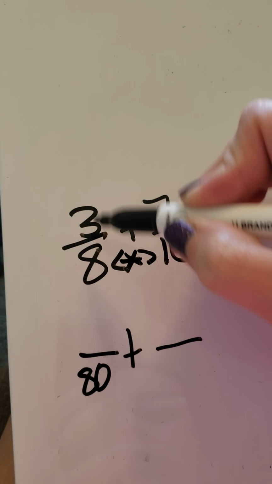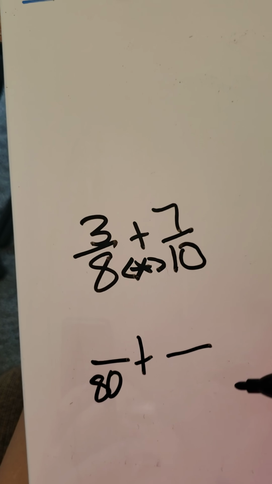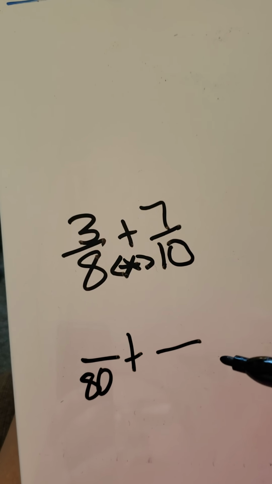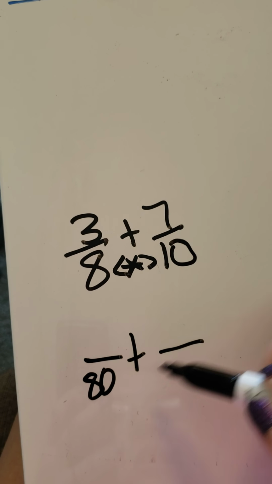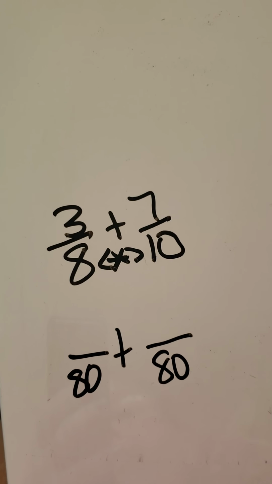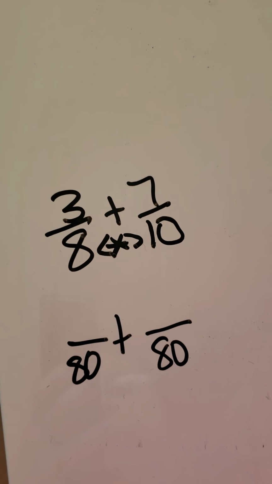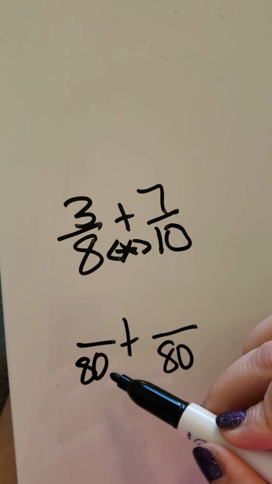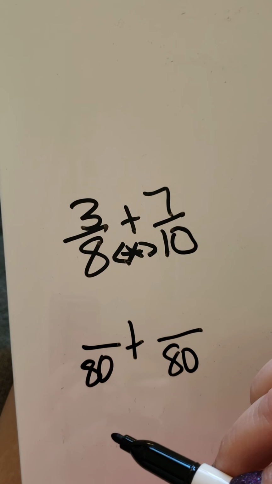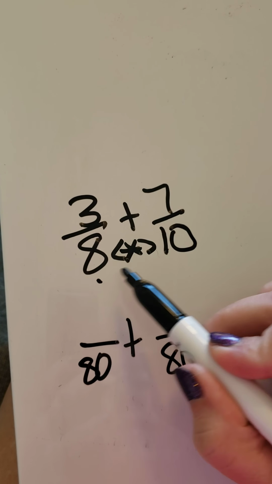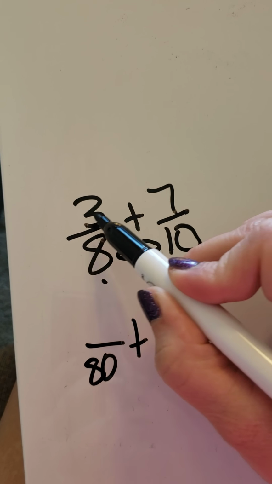Make sure not to switch the order when you're making a new problem, because when you get to subtraction, that will completely throw your answers off. So 80 is my new bottom number. Perfect. Now, the next step is whatever we did to the bottom number, I must do to the top number. So the 8 got multiplied by the 10, so must the 3.